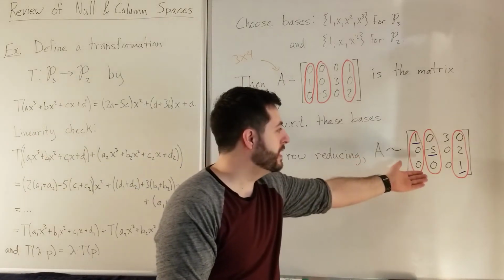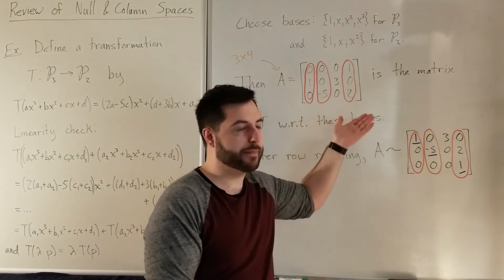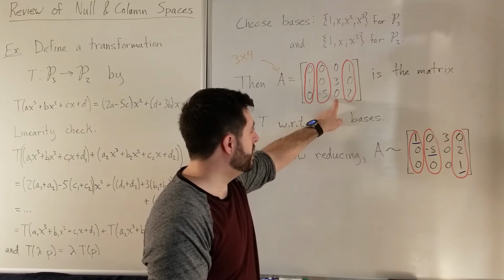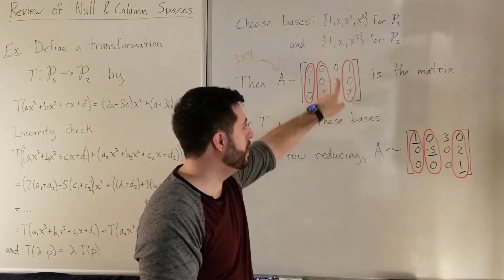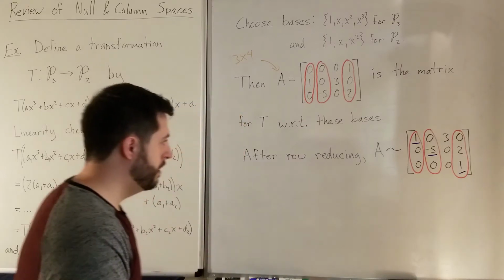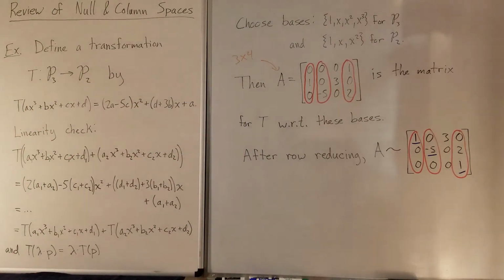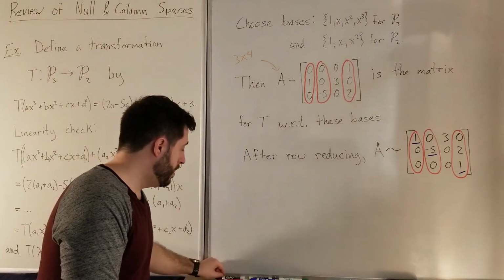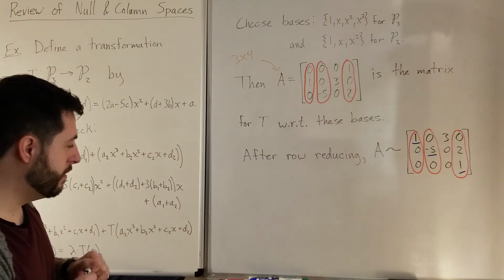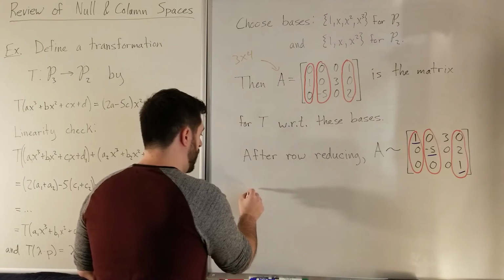Finding the pivot columns tells you which ones you need to keep. So these red ones we need to keep, and this one is extra. In other words, this column can be written as a linear combination of the other columns. Okay. So we're ready to write down the column space.